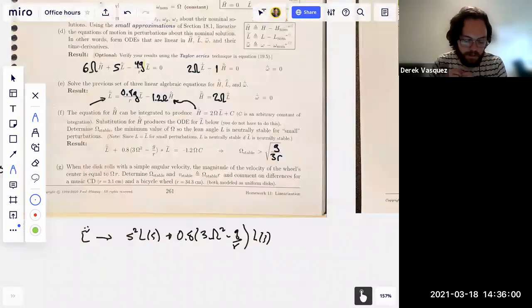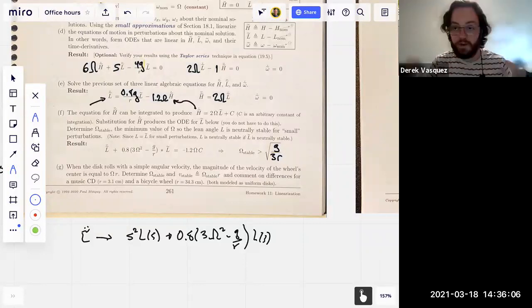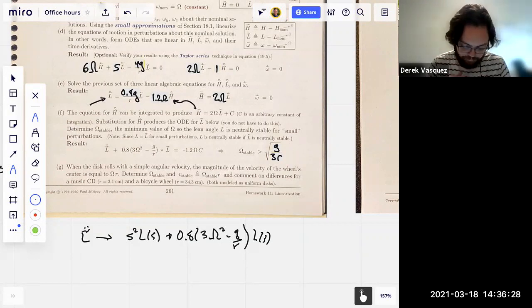Okay, so part G. When the disk rolls at the simple angular velocity, the magnitude of the velocity of the wheel's center is equal to omega r. Makes sense. So rolling without slip. Determine omega stable, and V stable is equal to omega stable times r. And comment on differences for a music CD and a bicycle wheel.